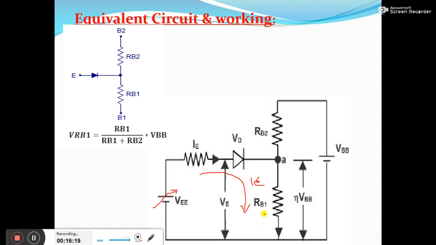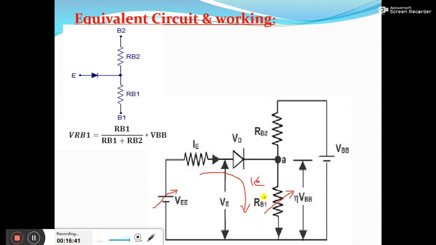As we already discussed, this RB1 is a variable resistance. The special characteristic of the UJT is that it shows negative resistance characteristics. Negative resistance characteristics means that as the current through RB1 increases, the voltage across RB1 is going to decrease.